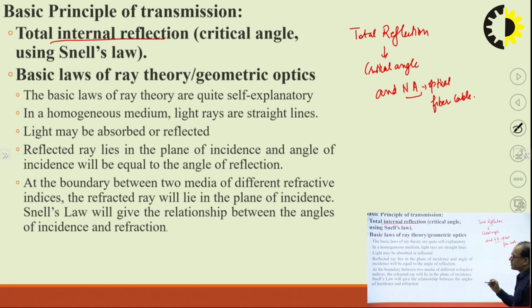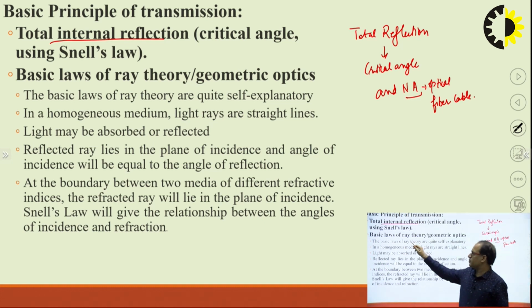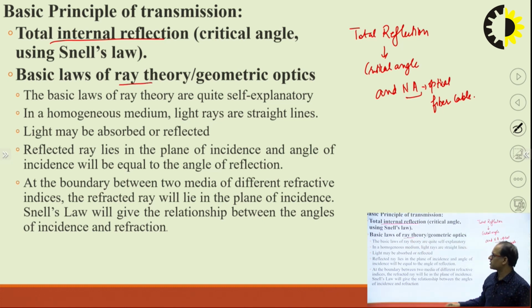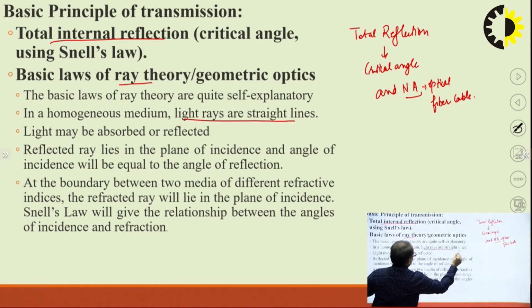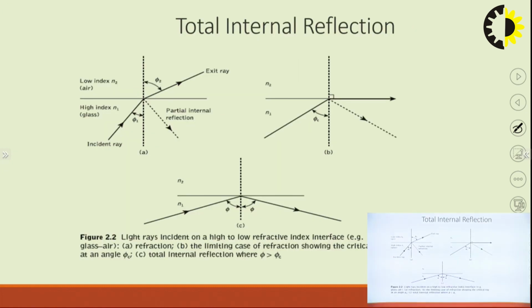Clear? The basic laws of ray theory or transmission: in a homogeneous material, the light rays are straight lines and the light may be absorbed or reflected. In this slide on total internal reflection, say this is an interface, the core cladding interface.